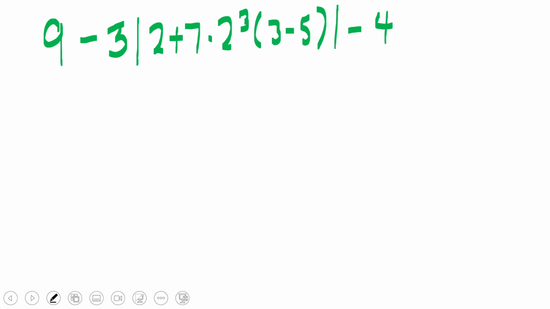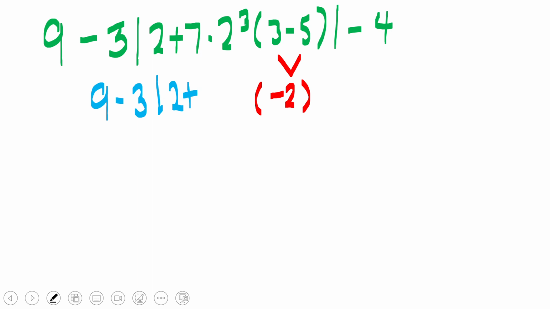That's 3 minus 5. So we're renaming this as a negative 2 in parentheses. And yes, we're going to rewrite our whole expression around that renaming, if we're properly working our problems. Okay, we have absolute value with exponents inside. So we're going to tackle that exponent inside the absolute value so we know what we're working with.